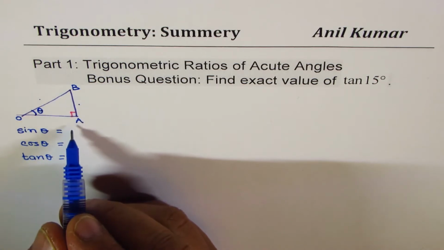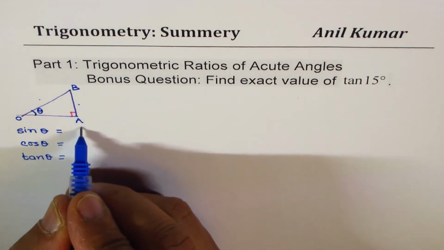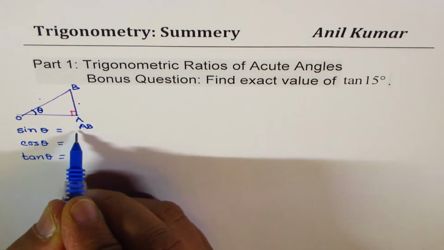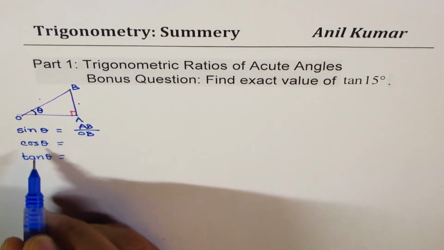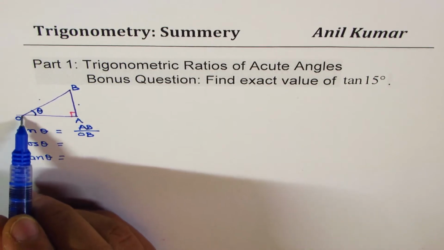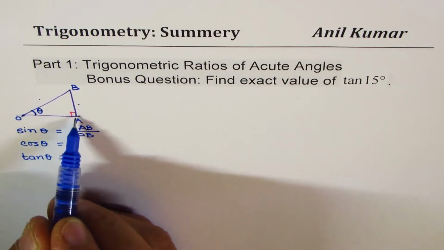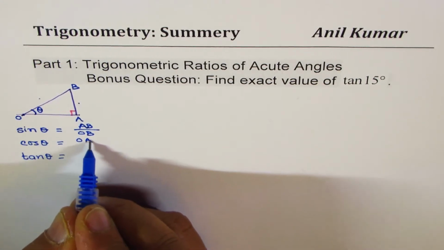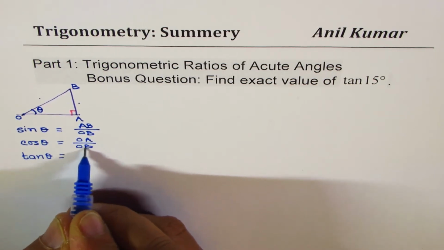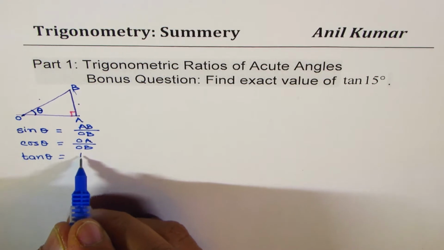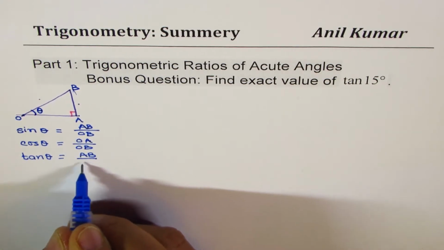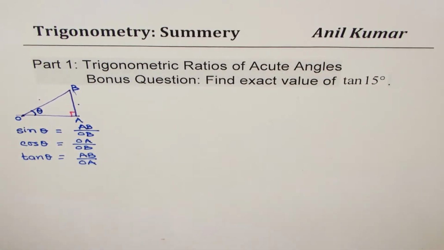So in this particular case, it will be AB over hypotenuse OB, right? Cos theta is adjacent side, which is OA here, over OB, and tan theta is opposite over adjacent, which is AB over OA.